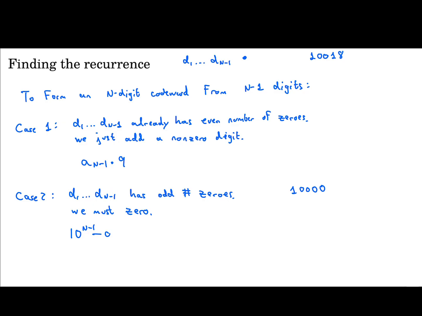If we subtract the ones with an even amount, we get the ones with an odd amount. And then we must add 0, which is only one choice, so we multiply by 1. This means a_n is the sum of these two cases: 9 a_{n-1} plus 10^{n-1} minus a_{n-1}.